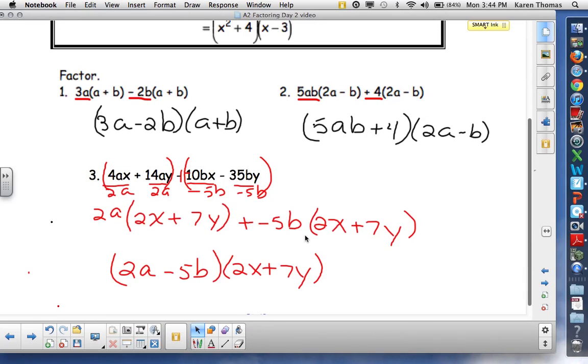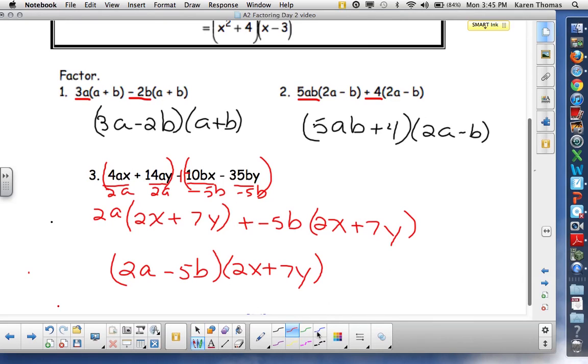So what I did is I simply factored a 2a out of my first binomial, and I got 2a times 2x plus 7y. And I wrote plus, and I factored a negative 5b out of the second group. By doing that, it turned that into a positive 2x inside, and the negative 35 divided by negative 5 becomes positive 7.